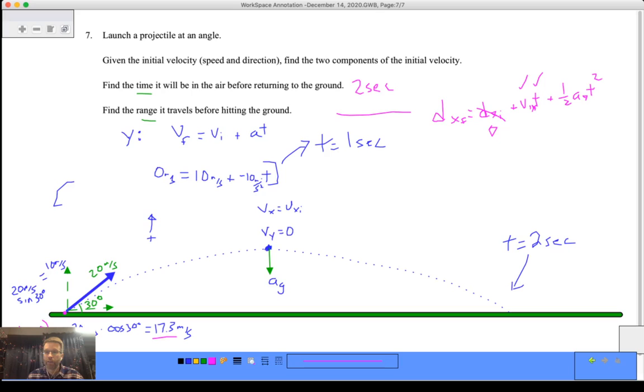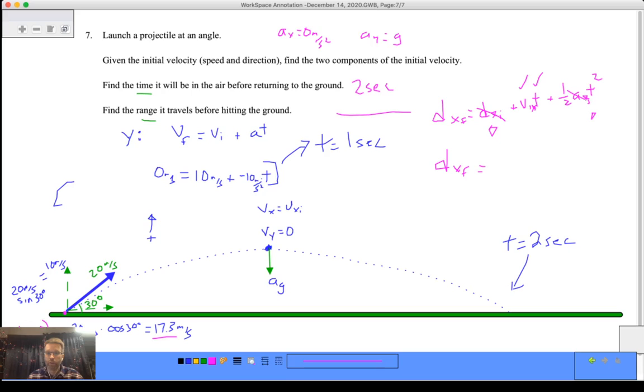The x acceleration, hey, it's a projectile. AX is 0 meters per second squared. Of course, AY is g, in this case negative 9.8 meters per second squared in the downward direction. But AX happens to be 0. So in other words, this comes down to just how far does it go? Well, just velocity times time.